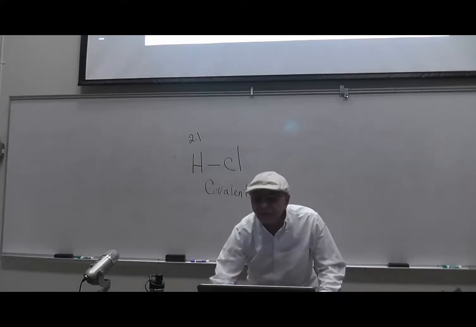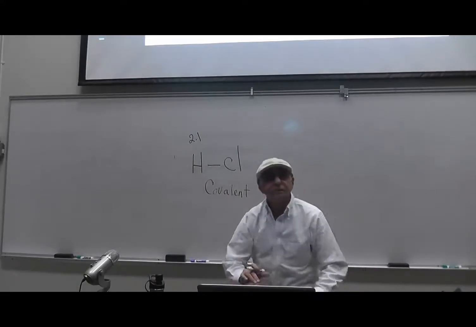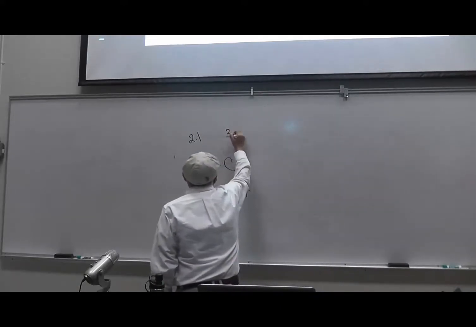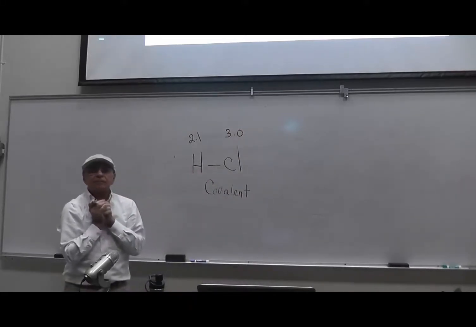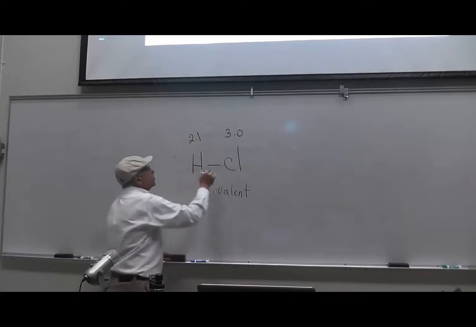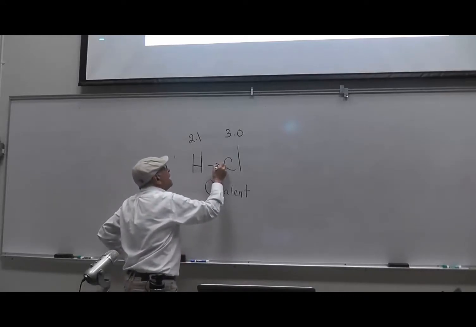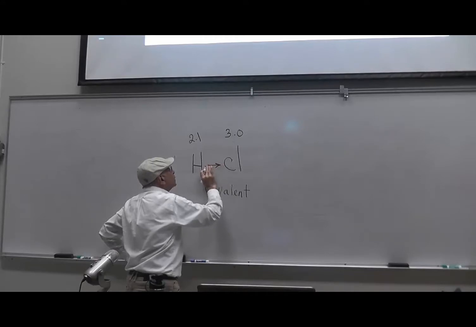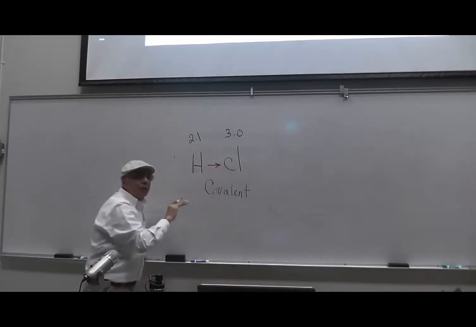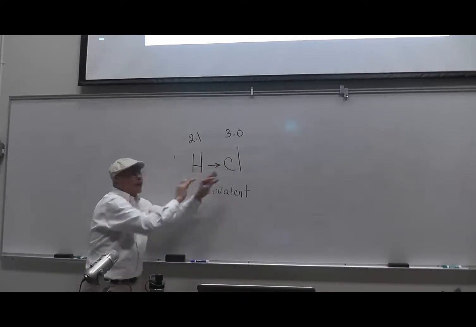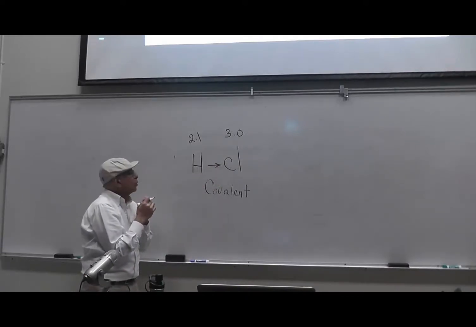And what is the electronegativity of chlorine? Between these two atoms, which one is more electronegative? Chlorine. So guys, this means chlorine has larger attraction, larger tendency to pull the electron cloud of shared electrons toward itself. So I'm showing this arrow. Electrons are attracted to chlorine more.